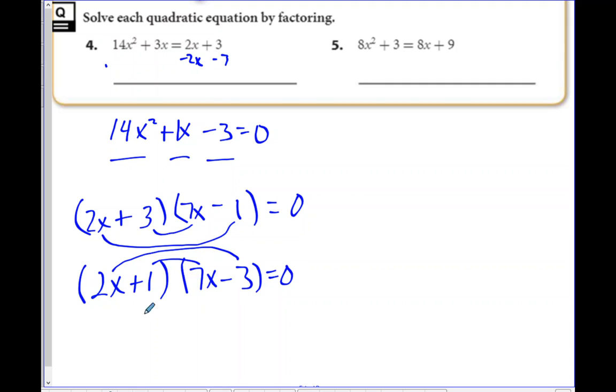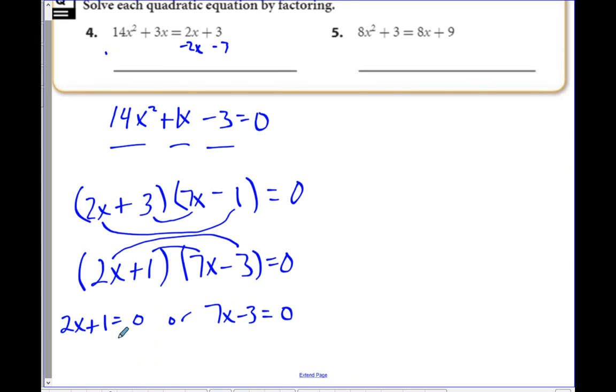Since this times this is equal to 0, we know that either 2x plus 1 is equal to 0, or 7x minus 3 is equal to 0. And then just solve the two equations. Subtract 1 from both sides and you get 2x equals negative 1, and then divide by 2. X equals negative 1/2.